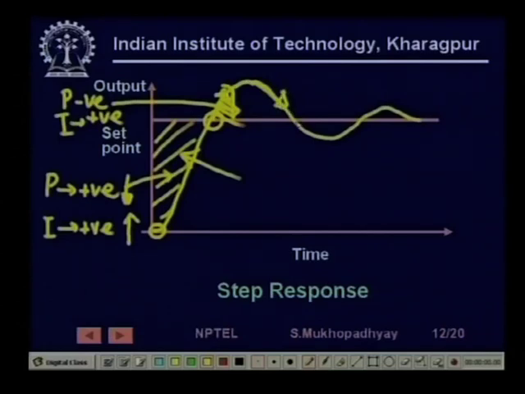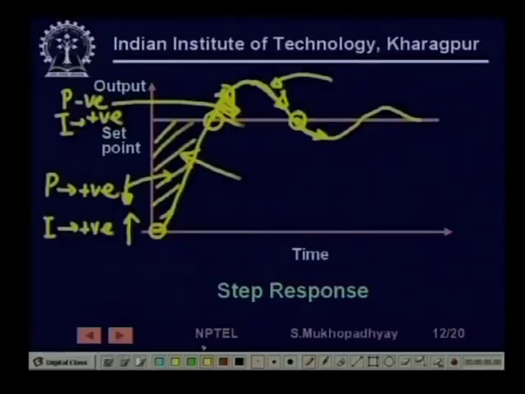Now, again the same thing happens here. Once it crosses this line, again it will oscillate. So you see that typically because of integral control there tends to be an oscillation, a high overshoot and an oscillation.